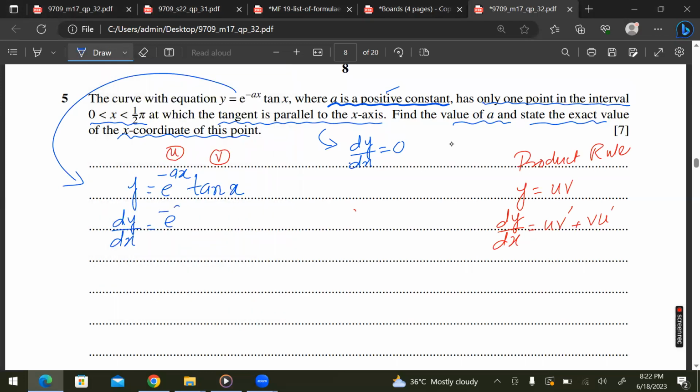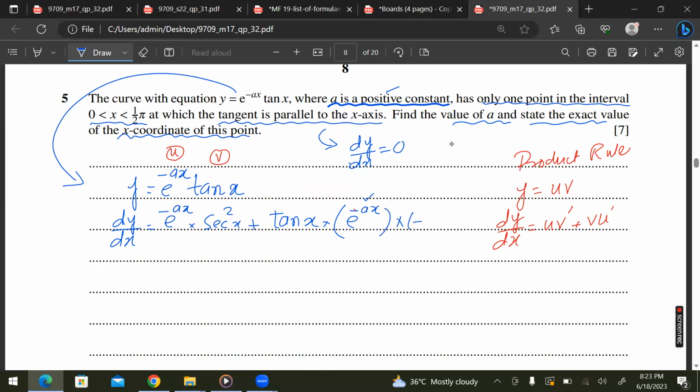e raised to the power minus ax as it is, the derivative of tan is secant square of x. Next, plus tan of x as it is, times the derivative of e raised to the power minus ax, meaning u dash, which is e to the power minus ax into the derivative of the power.